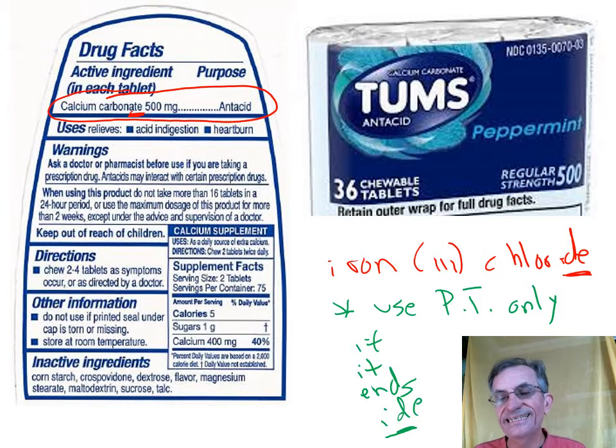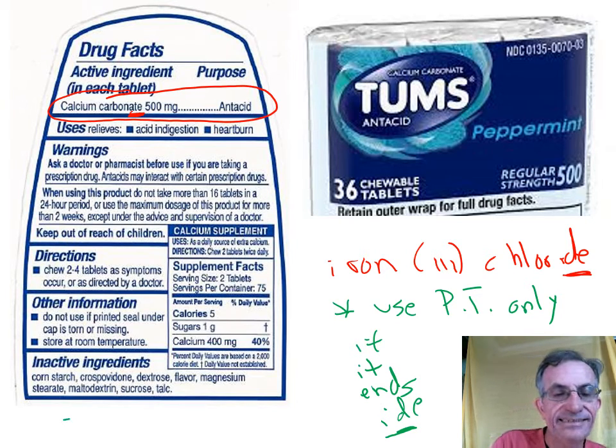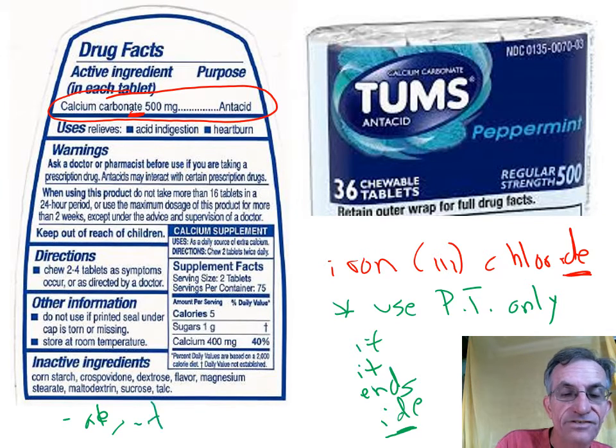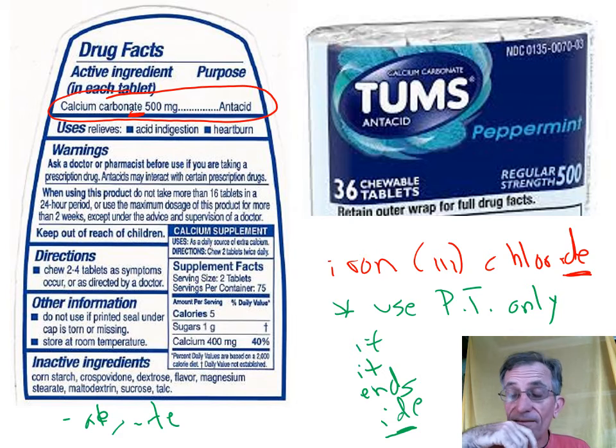But if you see a name that ends in ATE, or perhaps you'll see this in a minute, ITE, there's something different. You're still going to use the periodic table, definitely, but you're going to need to look somewhere else for some help, for some information.